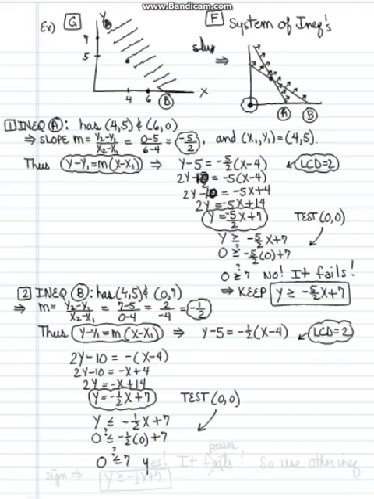And the answer is yes. No, it passes. My bad. Now if it passes, that's bad. So use the other inequality sign, which means we're going to keep y greater than or equal to negative 1/2 times x plus 7. And that gives us our other inequality.